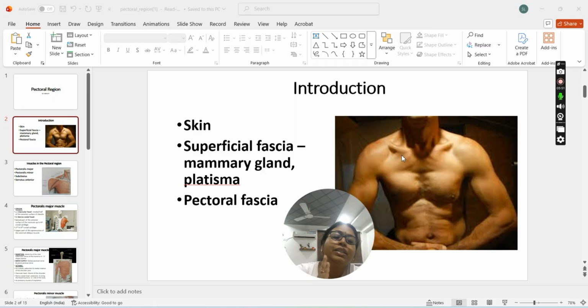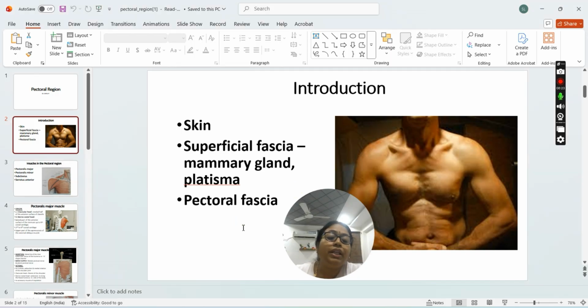Platysma is a subcutaneous muscle which arises from the fascia over the pectoralis major, sweeps upwards and medially within the superficial fascia, covers the neck, and most of the fibers are attached along the base of your mandible. So they protect the deeper structures. That means one of the important veins in the neck region is protected by the platysma.